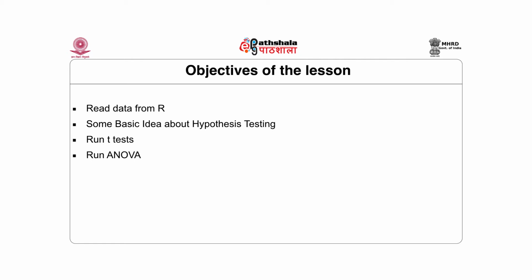So I've done some of these things. That's the reason why I have provided you some very, very basic, absolutely zero-level idea about what the word hypothesis testing at all means.